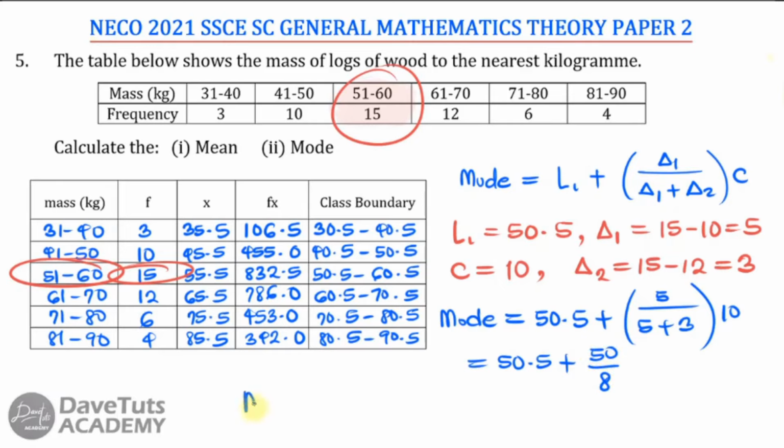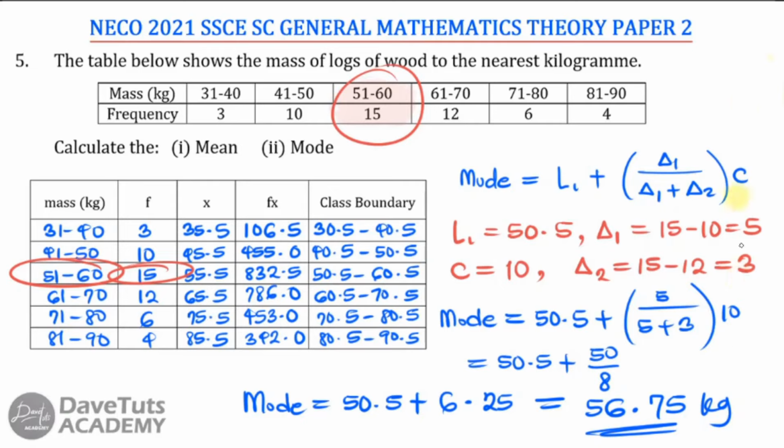So 50 divided by 8 is 6, 8 times 6 is 48, so we have remainder 2. 2 over 8 is 1 over 4, and that is 0.25. So our mode is going to be 50.5 plus 6.25, and that will be 56.75. The unit is going to be kilograms. So the mode in this particular grouped data that we're given is 56.75.